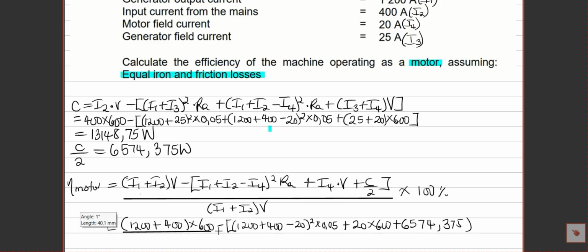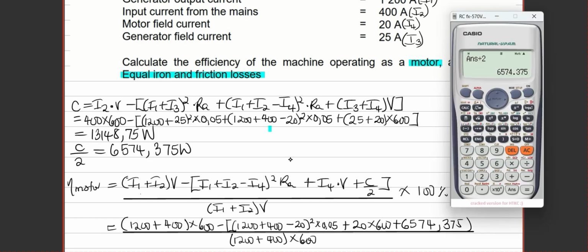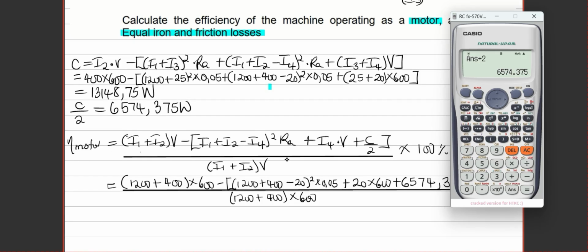And you have all of this divided by our I1 plus I2. Hopefully I wrote this formula correctly. This is 1200 plus 400 times 600. So the danger, like I was telling you, within this formula is making mistakes.